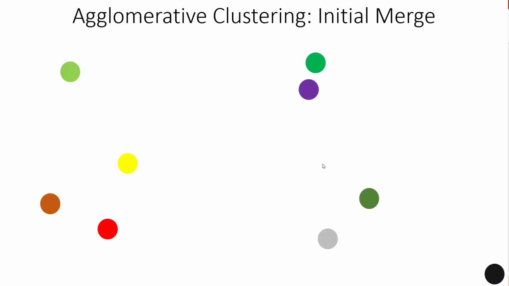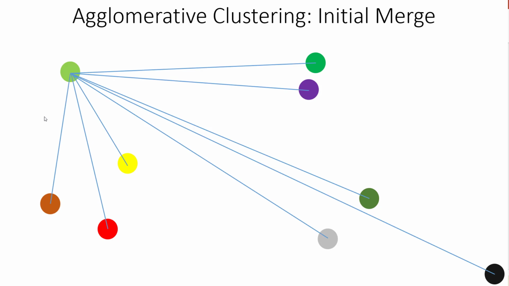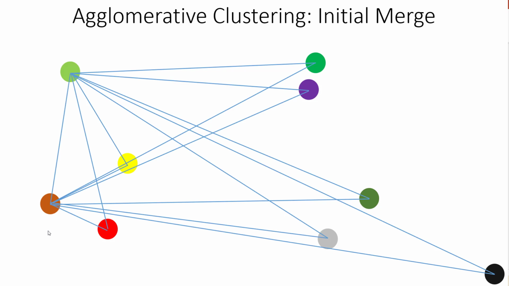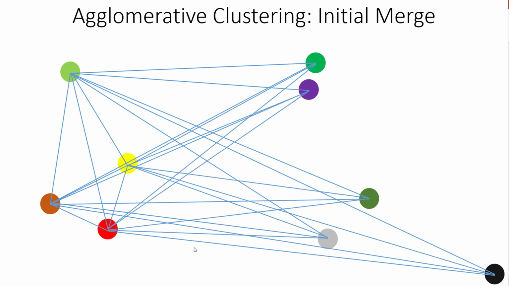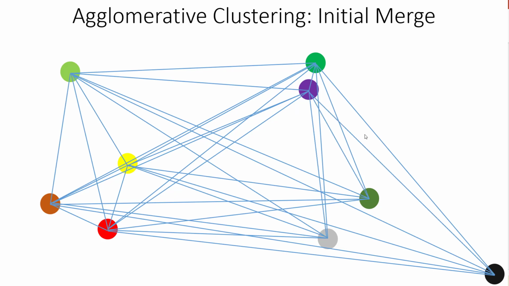What that's going to look like is, let's say we have these 9 dots and we want to cluster them together. First thing we're going to do is find out how far apart each dot is from each other dot. So we'll start off by measuring the distance this lime green is from everyone, then this brown one is from everyone, the red one, the yellow one, the darker green one, the purple one, the gray one, and the forest green one is from everyone.